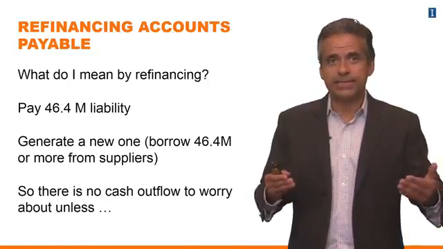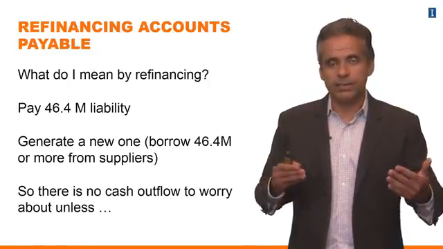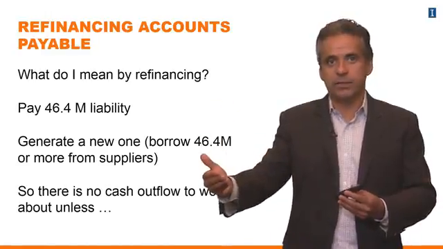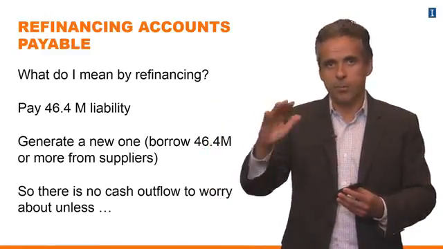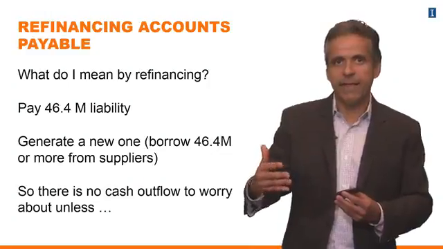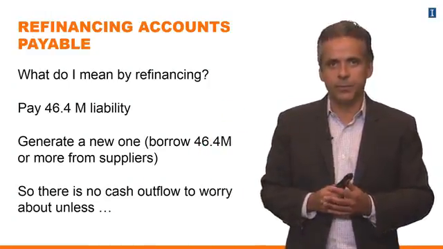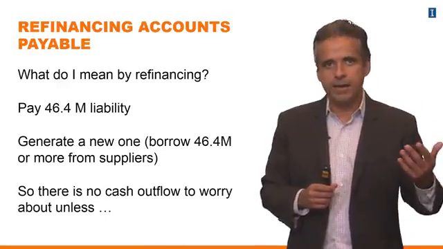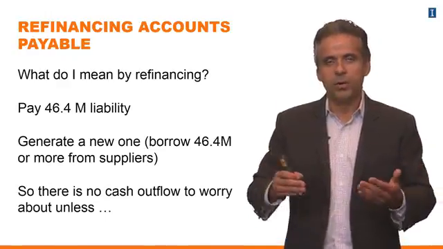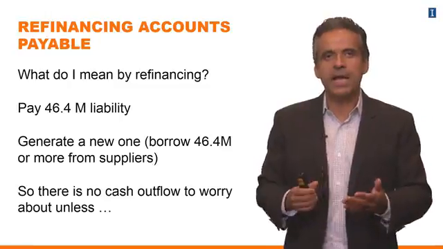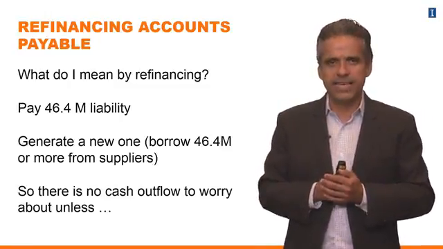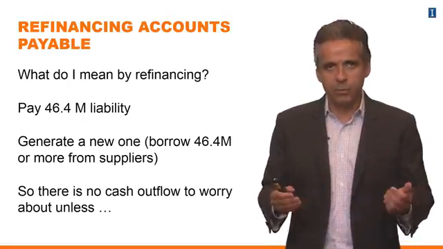When that liability comes due, what PSI is probably trying to do is to generate a new liability. So you pay the existing one, and then you borrow more from your suppliers. You go to your suppliers and say, look, I want to keep paying my bills on term, so I'm not going to pay cash. I still want to wait 6 months to pay my bills. Let's just keep doing business the way we've been doing business.